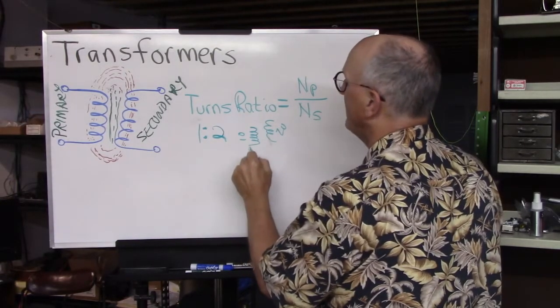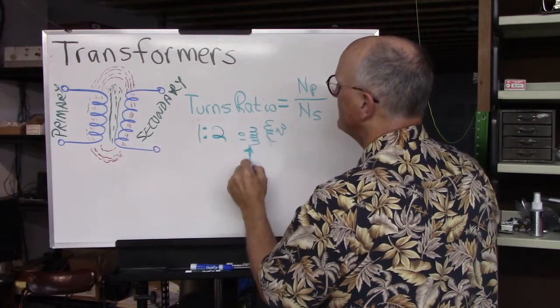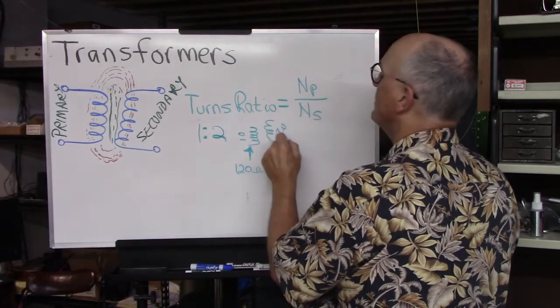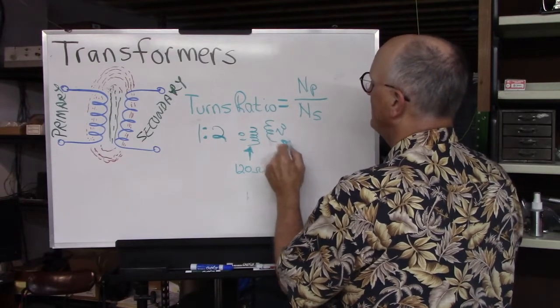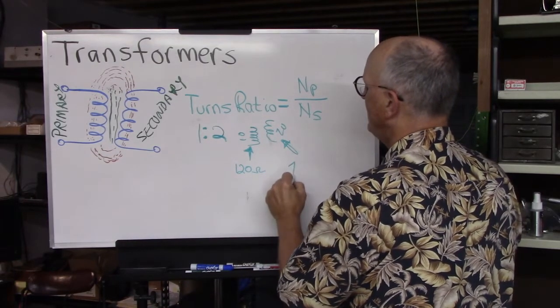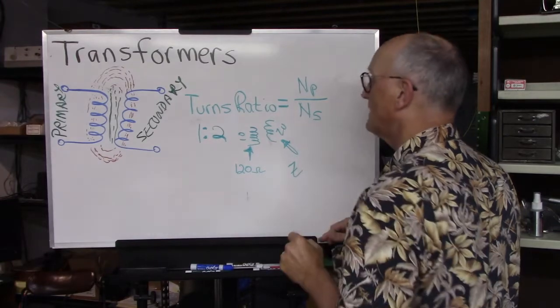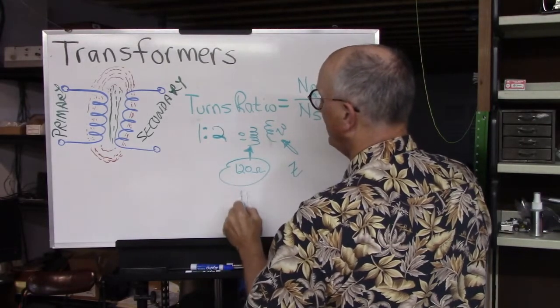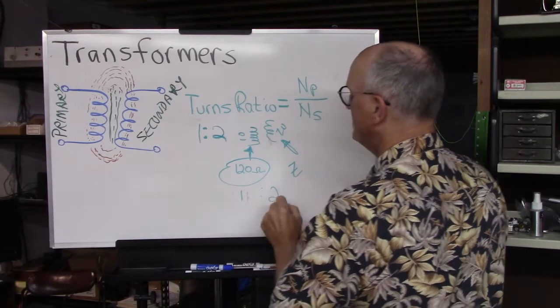Now, the primary, in this case, we have determined is 120 ohms. So the question that we have is, what is the impedance of the secondary? Well, this is the 1 part, this is the 2 part.